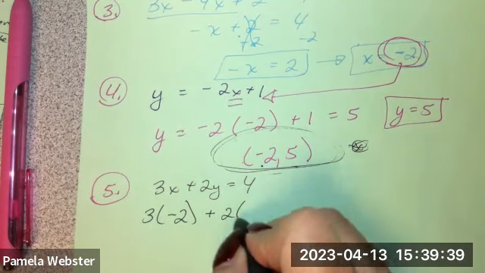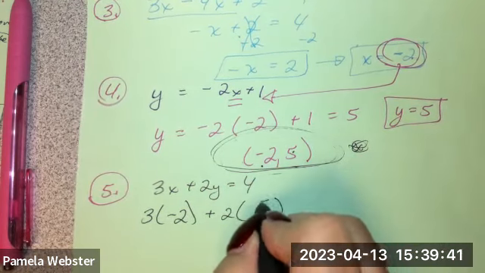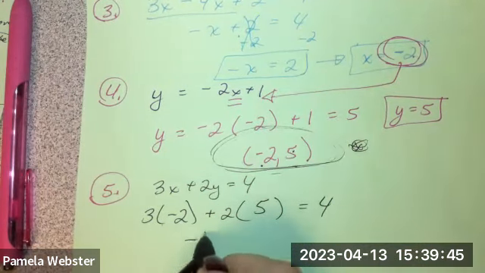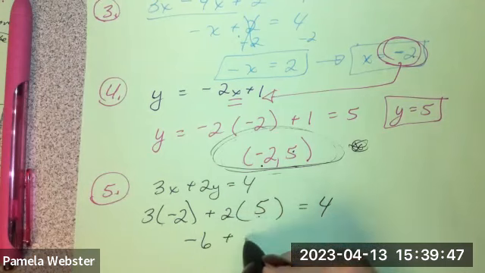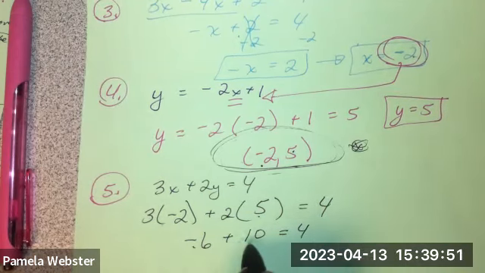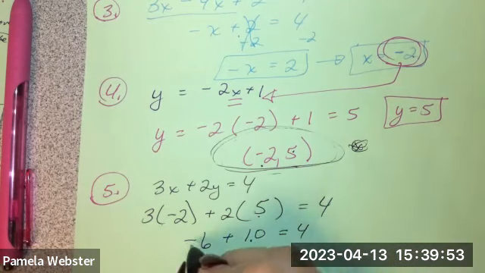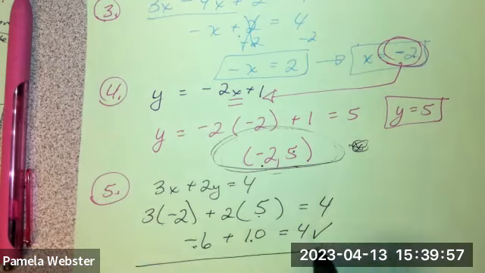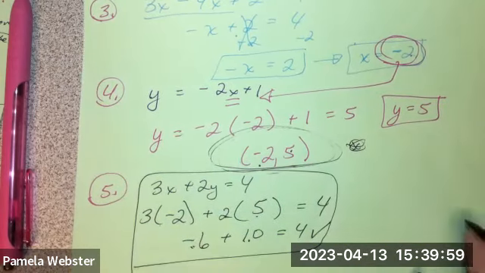Instead of a y, I'm going to put in a 5. And then we're just going to check. So 3 times negative 2 is negative 6. 2 times 5 is a positive 10 equals 4. Is negative 6 plus 10 equal to 4? The answer is yes. So there's my first equation, and it worked.